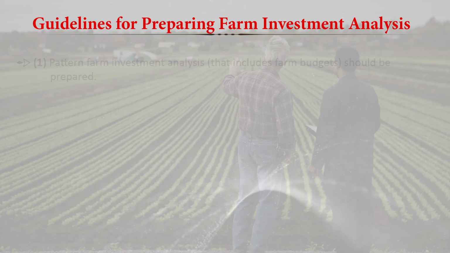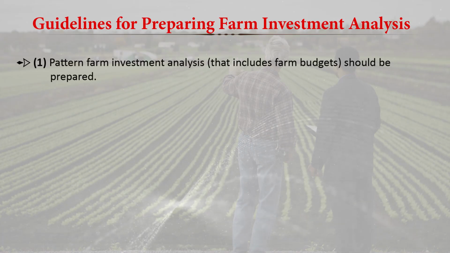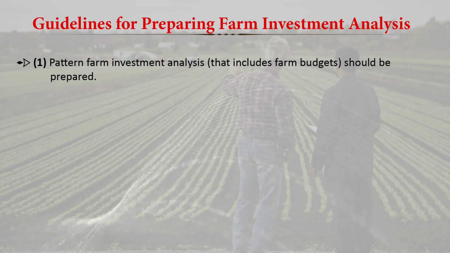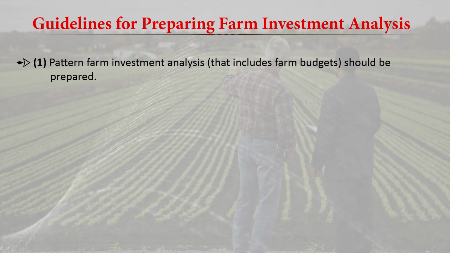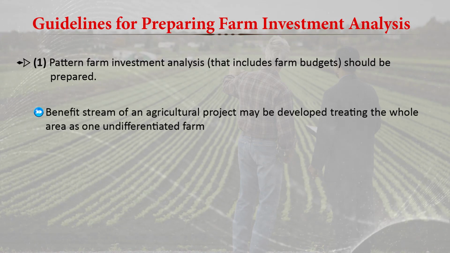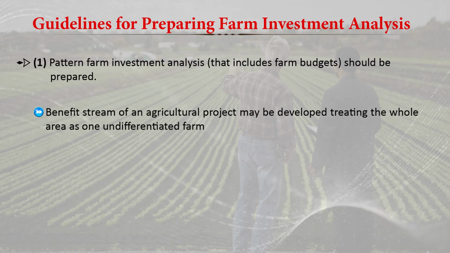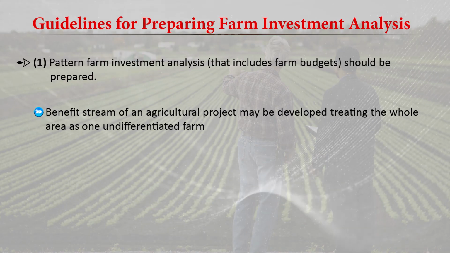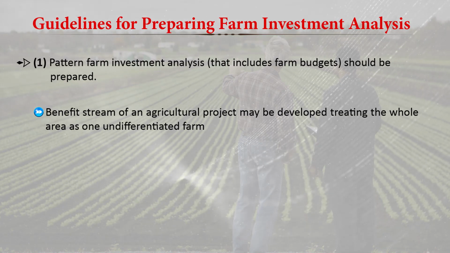So there are certain guidelines for preparing a good farm investment analysis. The first is the pattern farm investment analysis. While preparing the pattern or model farm investment analysis, the benefit stream of the agriculture project may be developed treating the whole area as one undifferentiated farm.